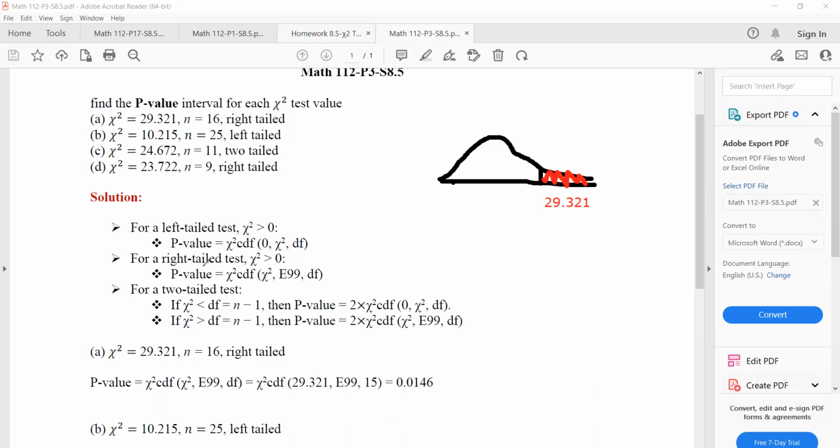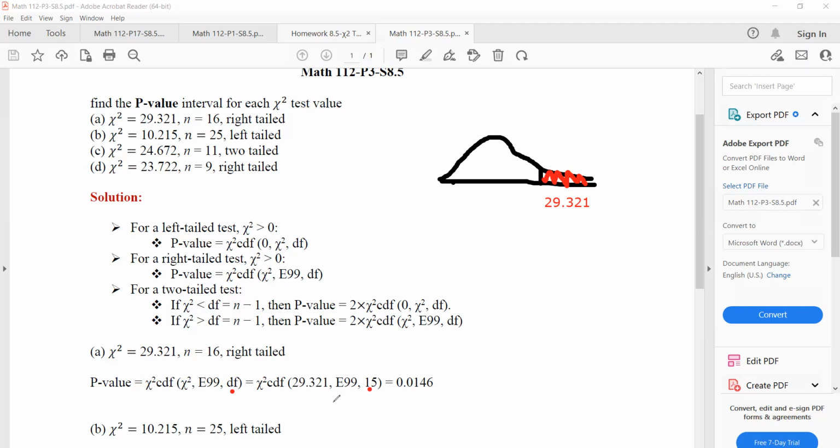So the p-value is going to be from my chi-square value to infinity with my degrees of freedom. There's my chi-square number, 29.321. N is 16. Remember, we don't plug in 16. We plug in one less, because we're plugging in DF. So you plug in 15 and you get the p-value.